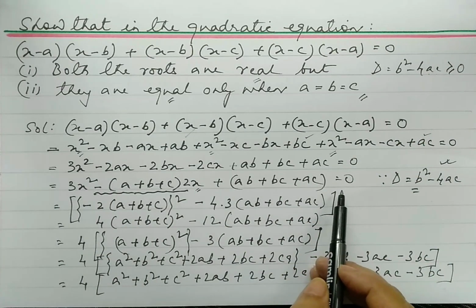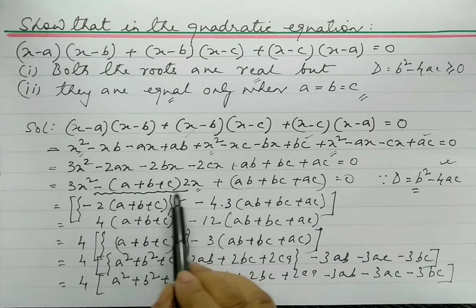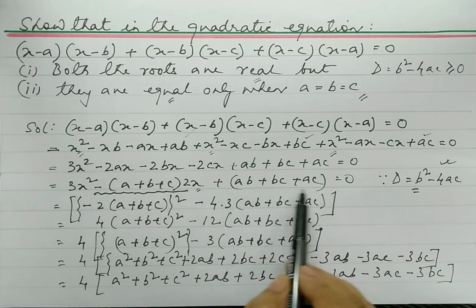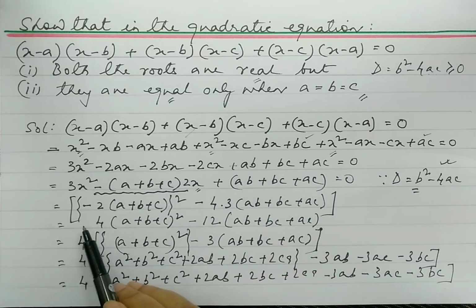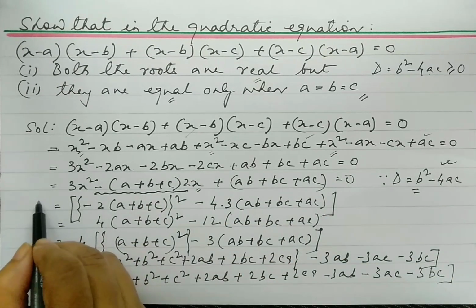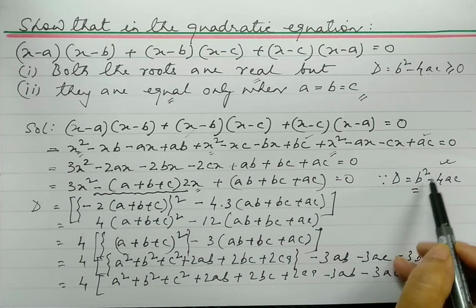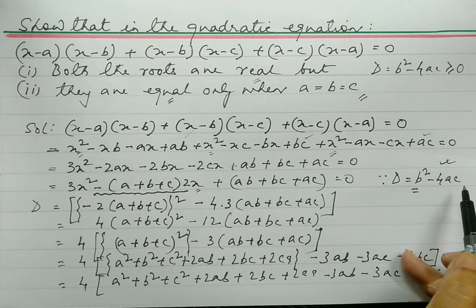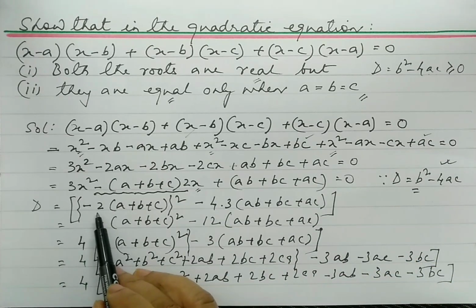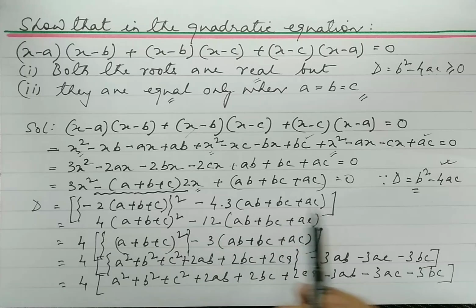Now, the work hasn't been completed here. We have taken the common values, minus 2x, and now we go with the real operation. What is this? D. Since D is equal to B squared minus 4AC, we know that our B is minus 2 times (A plus B plus C), and this entire thing is to be squared.